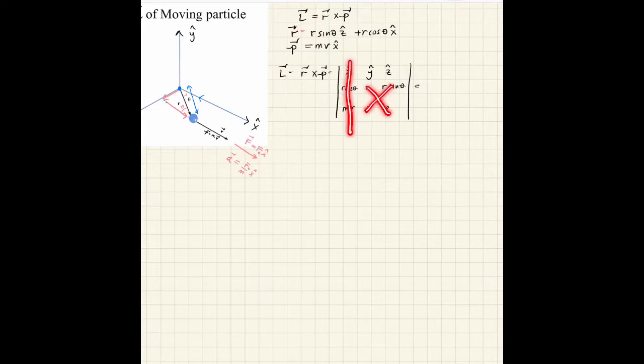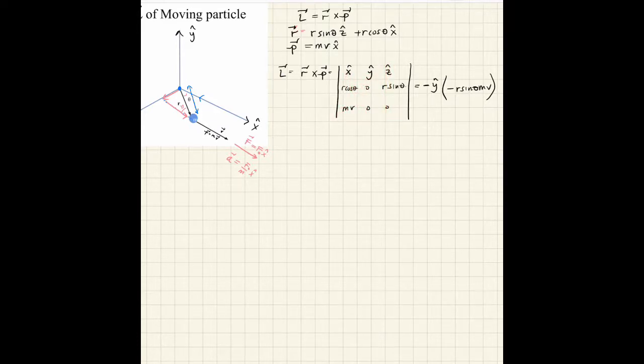This times this is 0 in the x hat. This times this is not 0 in the y hat, so I have a y hat component, minus r sine theta times mv. And in the z hat, I'll have 0 components.